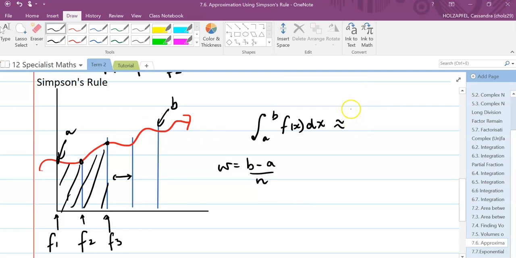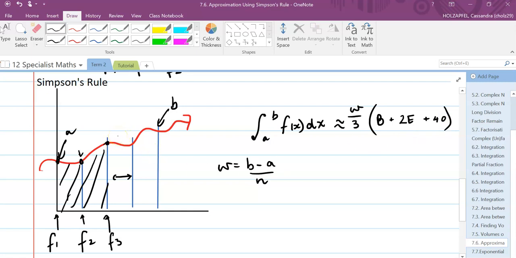So this is going to be approximated by W over 3 multiplied by one of our boundary terms, so that's my first value for F and my last value for F, plus two lots of the evens, and then 4 lots of my odds, so that would be F3.